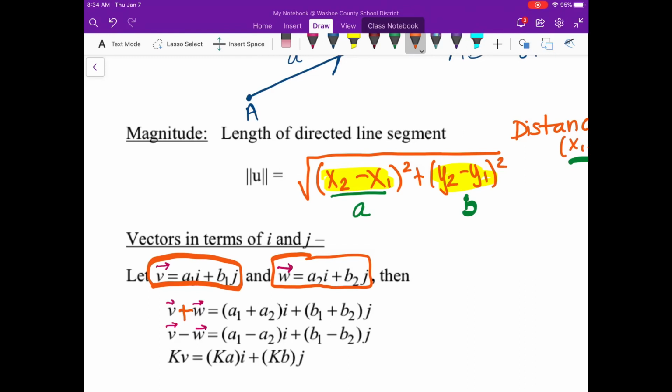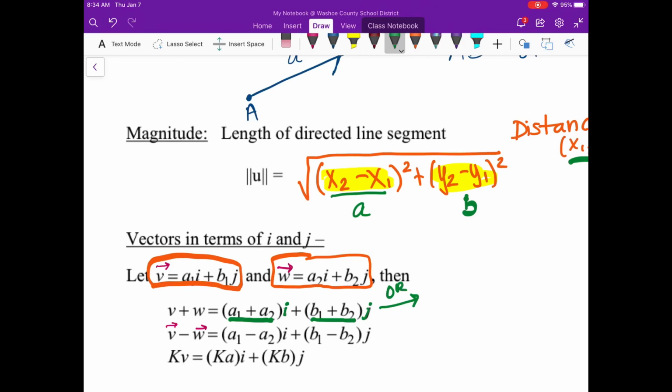We're going to add the coefficients and simplify, and then we're going to look at the j terms, add the coefficients, and simplify. The way that it's written here may work for you, it may not, so I'm going to write it two different ways. But essentially, what this is saying is that we're taking the coefficients of both i's and simplifying, and then we're taking the coefficients of the j's and simplifying.